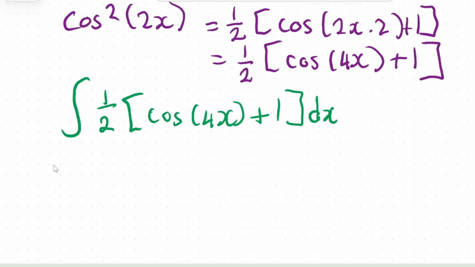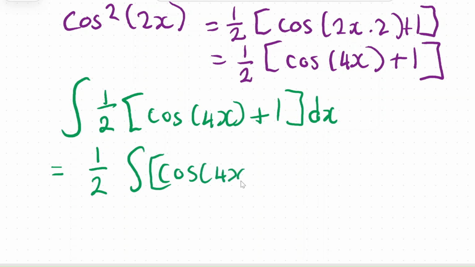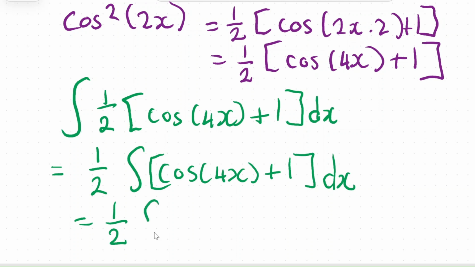And one of the things that we can notice whenever we integrate is taking out a constant to get us half times the integral of cos 4x plus 1 dx. And then we can distribute the dx respectively.